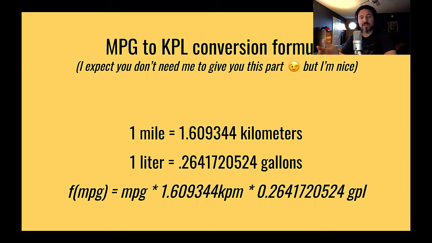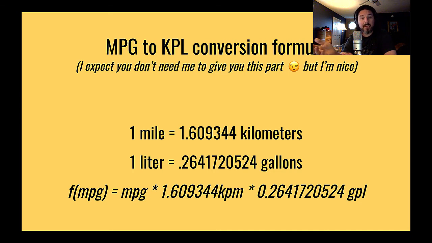And I've written this as a formula, right? You're used to this in your other classes where you do chemistry, physics, things like that, or even just straight up math, f of x. In this case, we're doing f of MPG, right? So it's a function. Your kilometers per liter is a function of your miles per gallon.